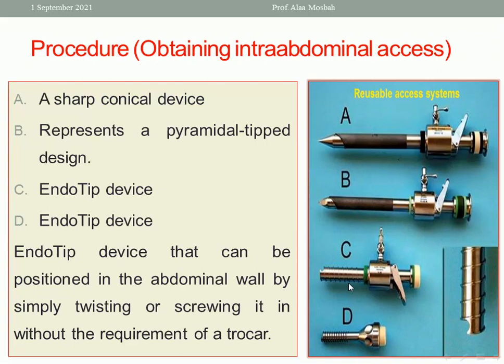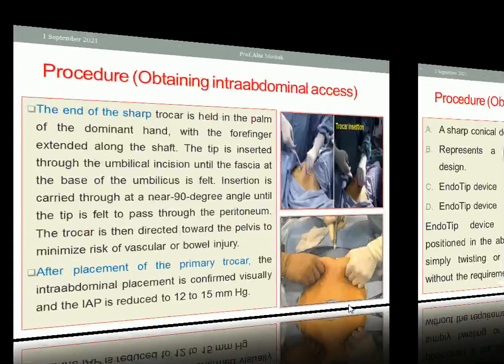The third and the fourth are called endo-tip devices, and this device can be positioned in the abdominal wall by simply twisting or screwing it in, without the requirement of a trocar. So for this one, the endo-tip, I'm not using a trocar. I'm just twisting or screwing to introduce it inside the abdominal cavity.